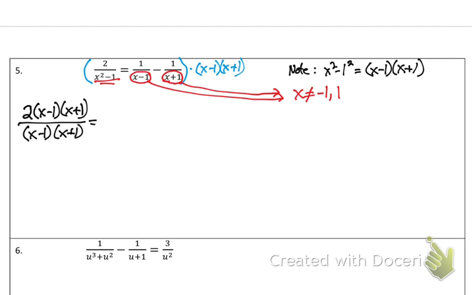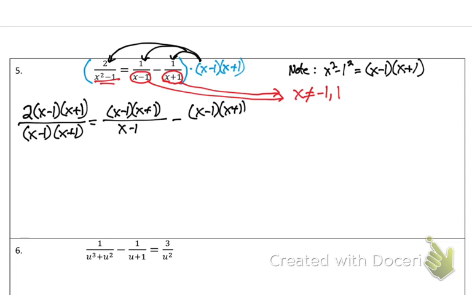That's going to equal our x minus 1 times x plus 1. As I distribute this here, I should probably note where I'm distributing it. All over x minus 1. And then finally, I'm going to distribute it to this equation here. So we have minus x minus 1, x plus 1, all over x plus 1.